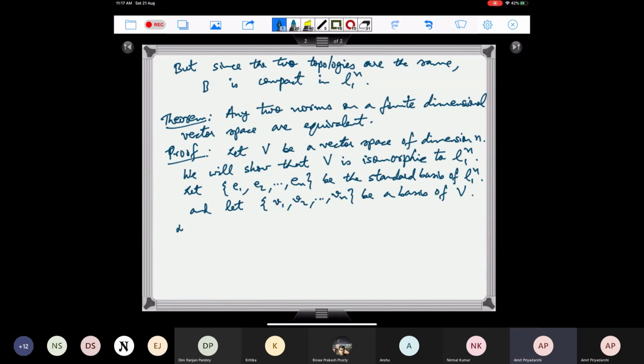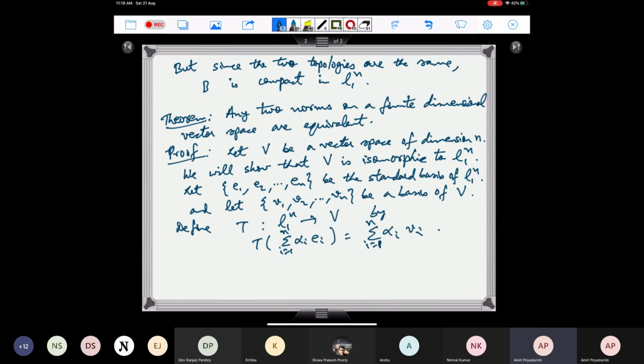So now we will define an isomorphism. Define T from L1n to V by, if I take any summation alpha i ei, i equal to 1 to n, then I'll map this to summation alpha i vi, which means that you map these basis vectors to these basis vectors.